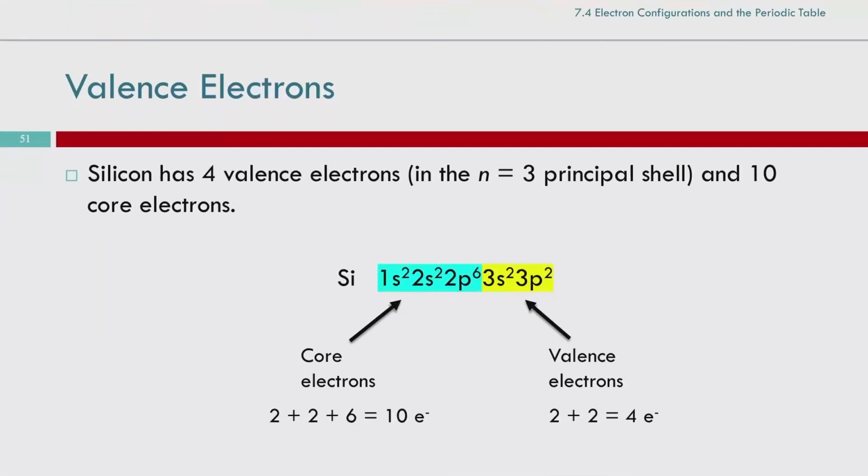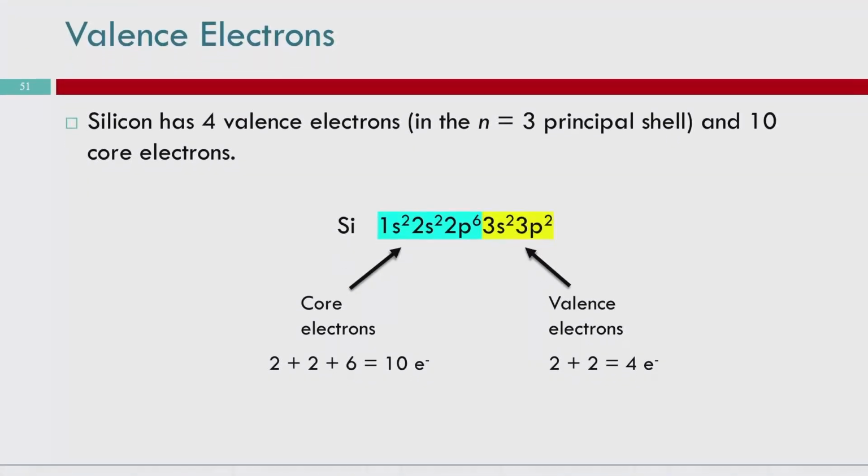So if we do an electron configuration, like this one for silicon, we've got the complete electron configuration. We didn't use any shortcuts here. So silicon has 1s2, 2s2, 2p6. That's all the way up through neon. We could have also abbreviated this as Ne in brackets.